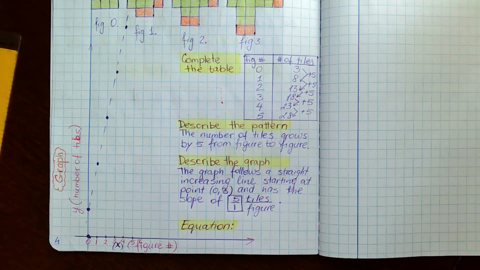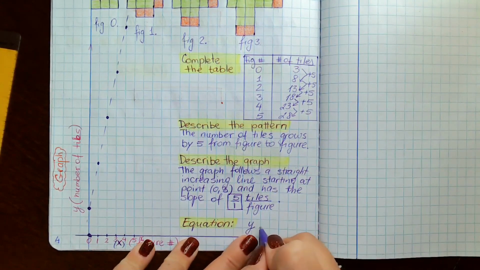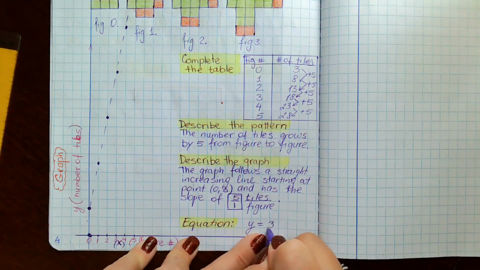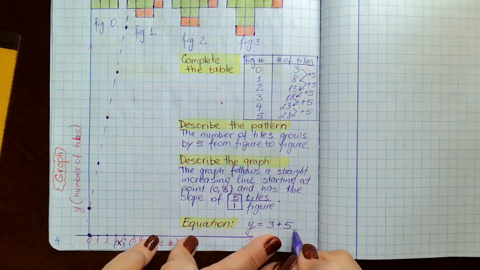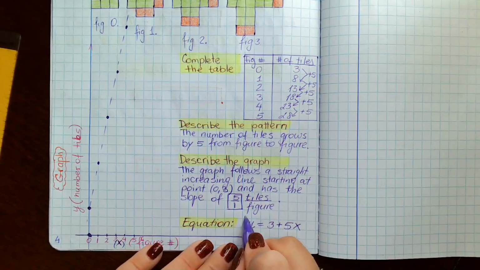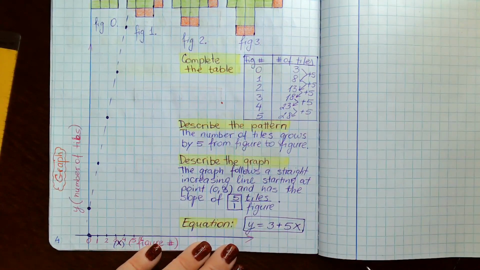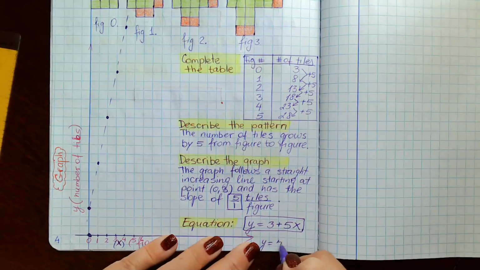So my function for any figure will be 3 plus the growth multiplied by the figure number. In slope-intercept form, y equals mx plus b, that is y equals 5x plus 3. So I can write that equation as y equals 5x plus 3.